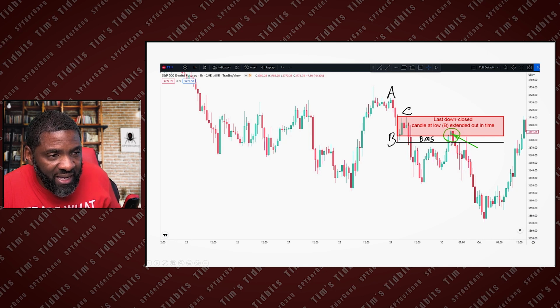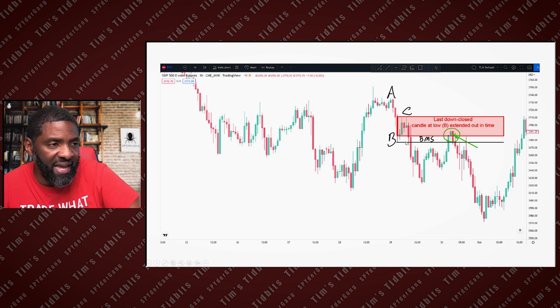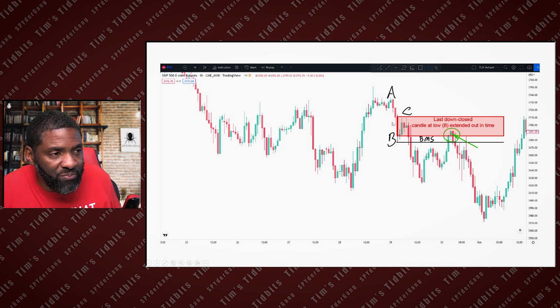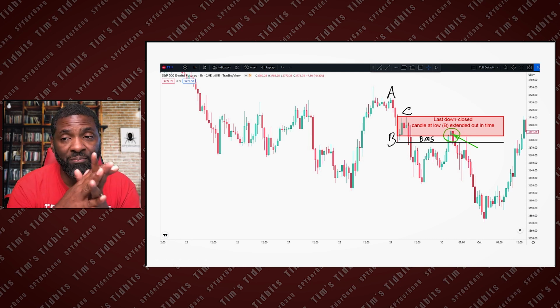Once the market trades back up to that breaking structure, you're looking for it to come back to the last down close candle of this price leg right here. When the market hits that last down close candle, you see it trades off. That's your entry point right there once it comes back to this down close candle. So that's your mitigation block. That's how it looks in price action.